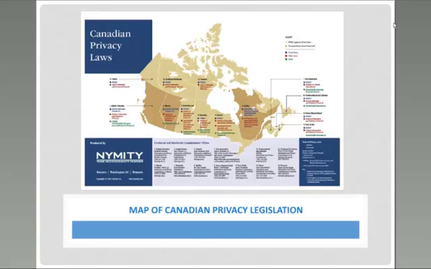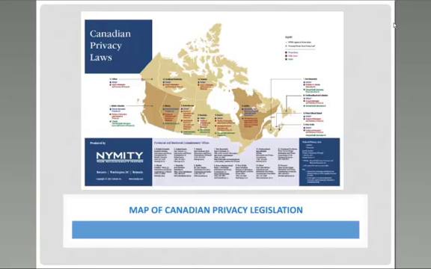But I just thought it might be helpful to illustrate why, based on my understanding, researchers across the country have said that it's very, very difficult to get access to health information, under legislation from different provinces, for pan-Canadian research projects.